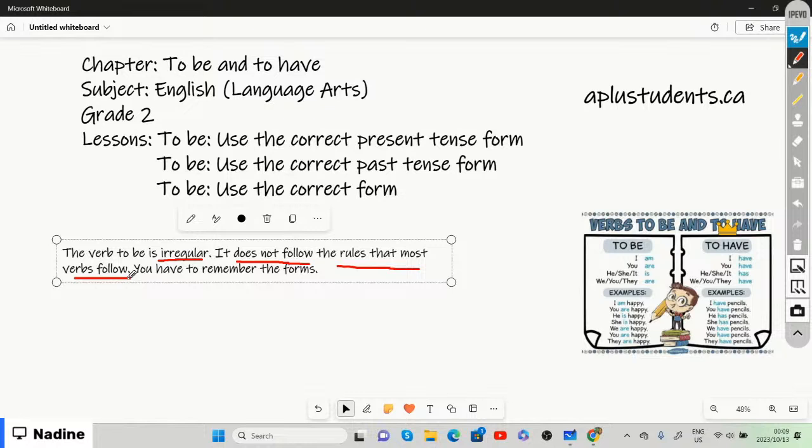That is basically the rule they follow. If the verb changes depending on the tense, then we fill in a D or an ED. So that is almost a kind of rule that most verbs follow. But when the verb is irregular, it does not follow the rules that most verbs follow. You are just going to have to remember the forms.